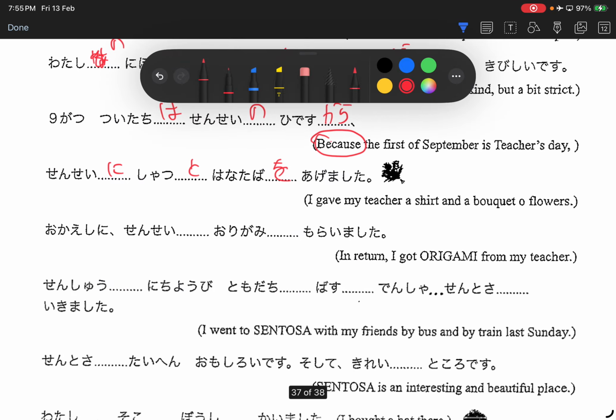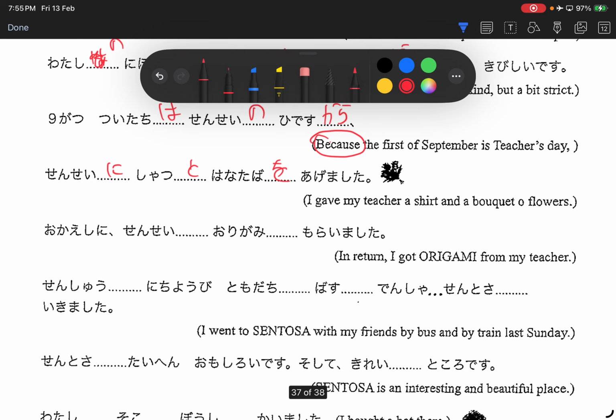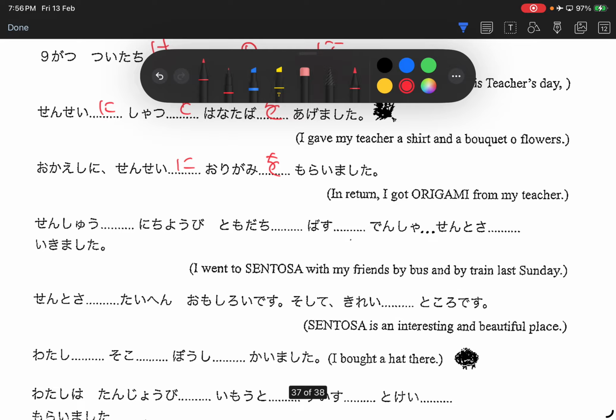Next, お返しに先生に折り紙をもらいました。お返し means in return. The もらいます means the に here will be the source. So it says got origami from teacher.